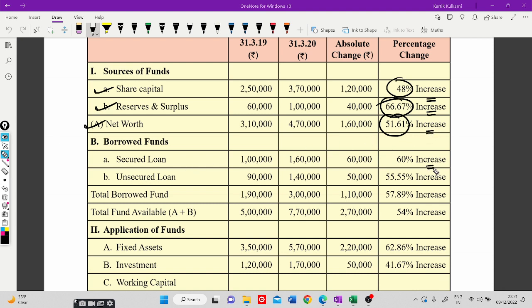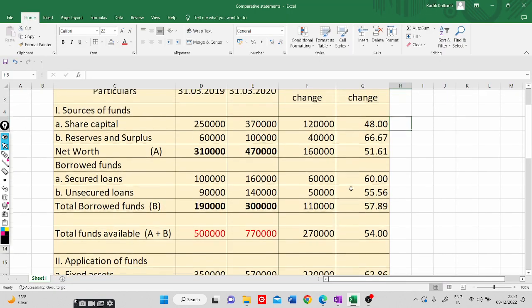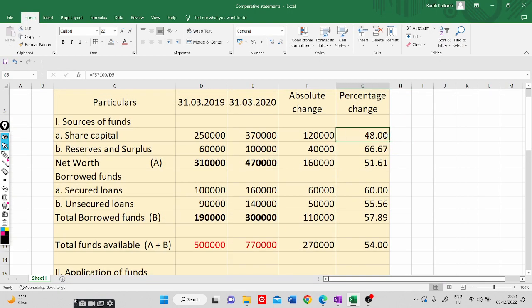In this way we can write the percentage and mention whether it is increasing or decreasing. So here we can write it. Can add another column even.